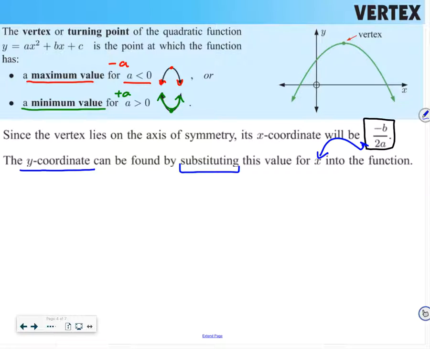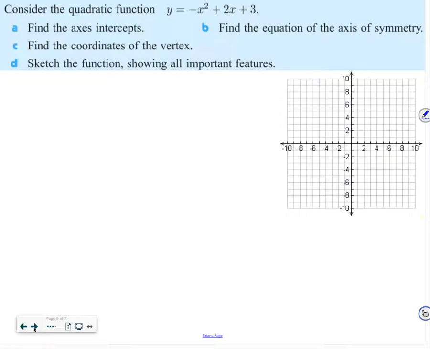So let's see how this is going to look. The first part is to find my axis of symmetry. I know that is x equals negative b over 2a. Again, identifying my a value is negative 1 and my b value is 2.